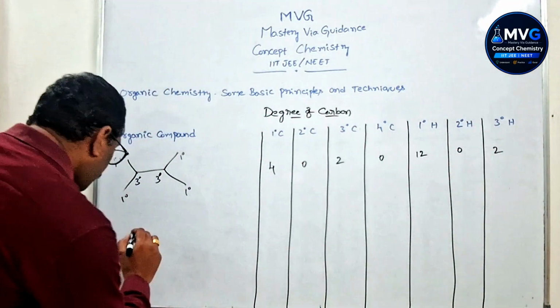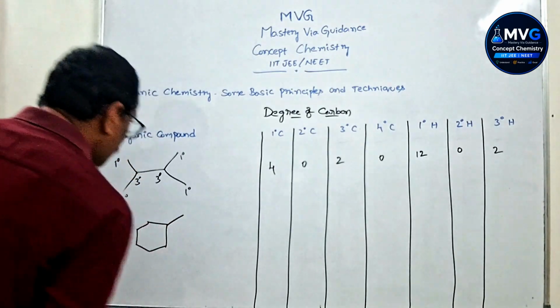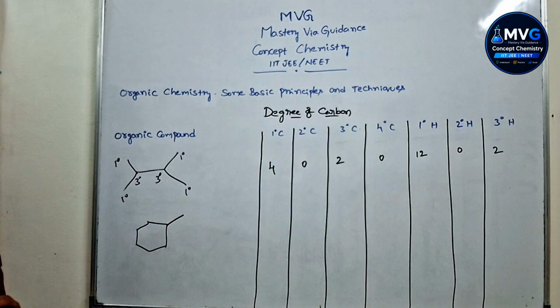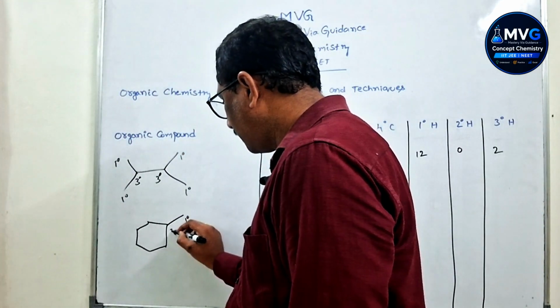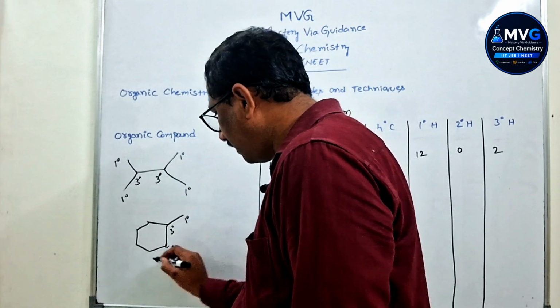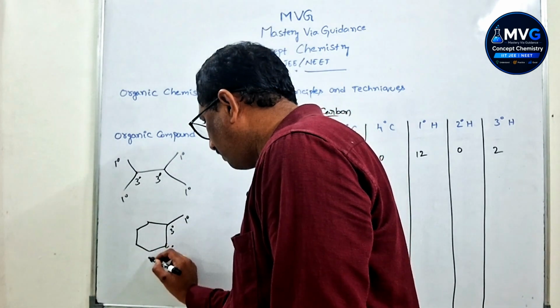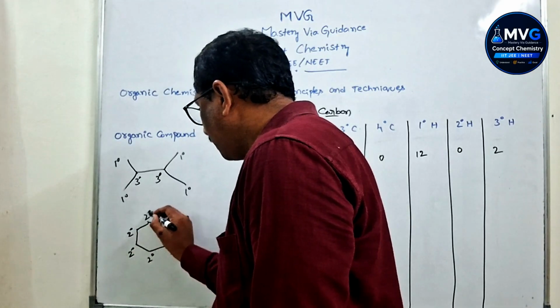So here 2 tertiary hydrogens. Next, suppose students, they give a molecule like this. Now here this is the primary carbon and this is the tertiary carbon. Carbon further connected with 2 carbons is secondary, and all the remaining are secondary carbons.